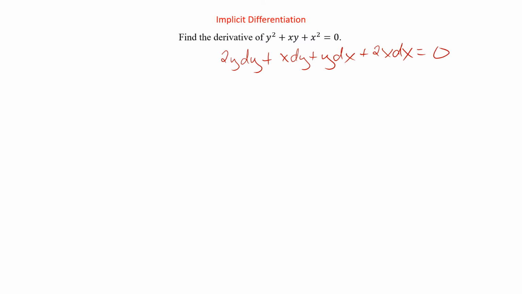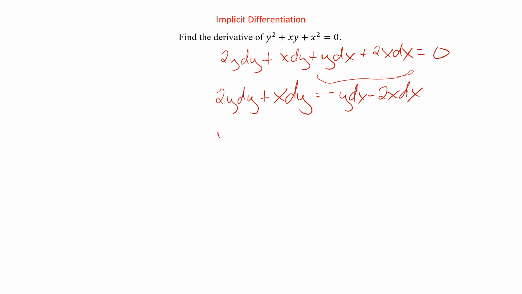All the dy's to one side, all the dx's to the other. Looks like these are my dx's. So we're going to have 2y dy plus x dy equals negative y dx minus 2x dx. We can factor out a dy to get 2y plus x dy equals, factor out a dx, negative y minus 2x dx.